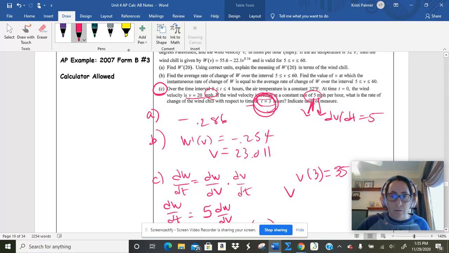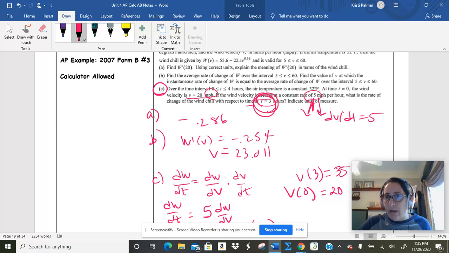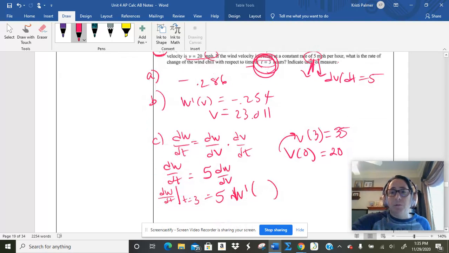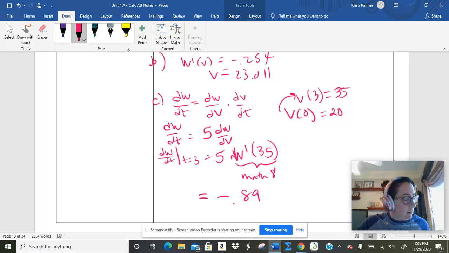V of 0 was 20. So we started with 20, and then it's increasing by 5 per hour. So V of 3, if it's increasing at 5 per hour, it's increased by 15, which would give me 35. So we're actually looking for W prime of 35. I'm going to math 8 that, multiply it by 5, and I get negative 0.892 degrees Fahrenheit per hour.